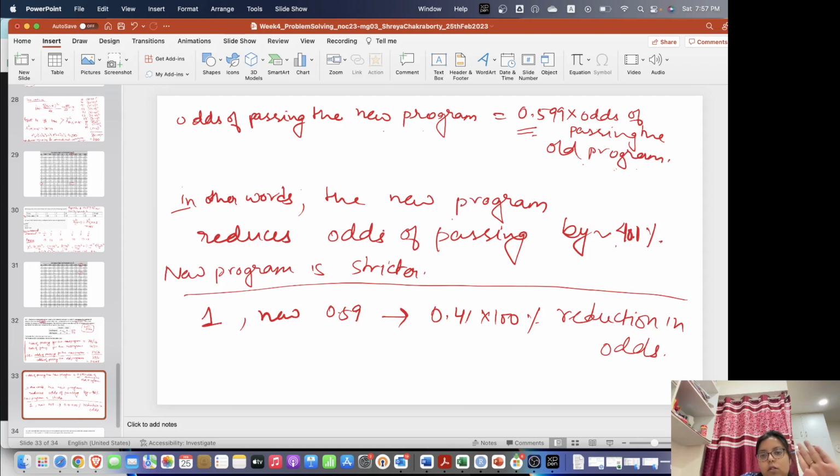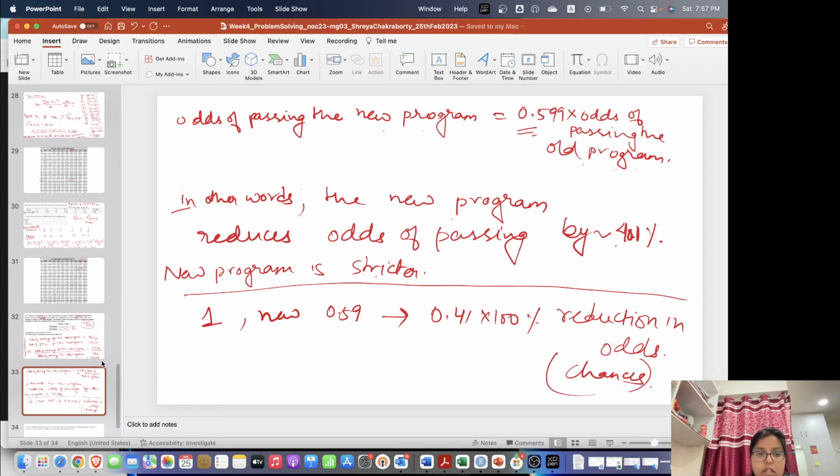Okay, ma'am, understood. So it is reducing the odds of passing by this percentage. What it is implying is that the new program is even stricter, because it is reducing the passing odds. Odds means chances. So this is how you should interpret an odds ratio.